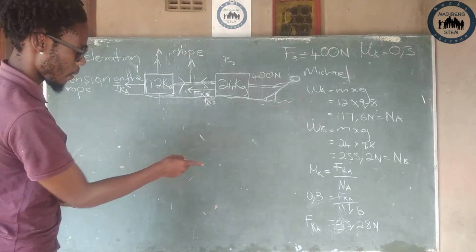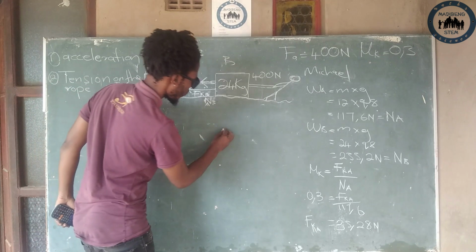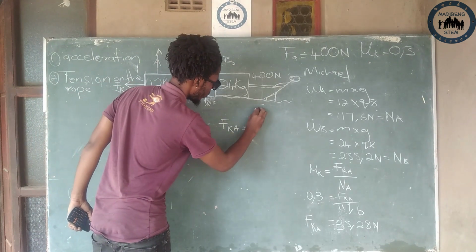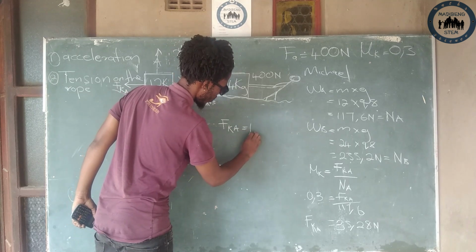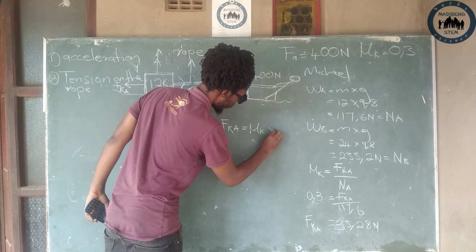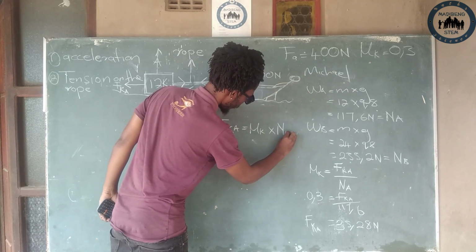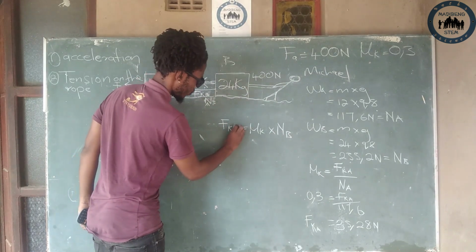So now we want Fk for our object B, which is the coefficient of friction times the normal force.